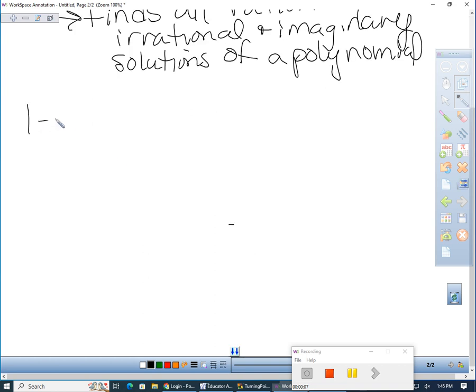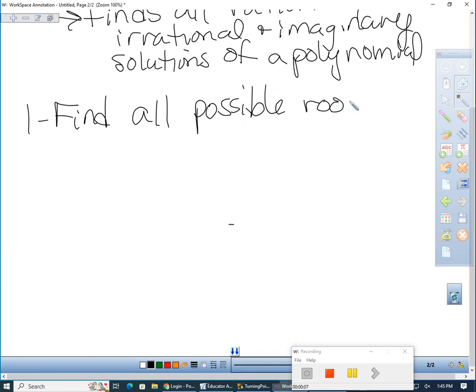Step number 1. Find all possible roots. Step number 2.